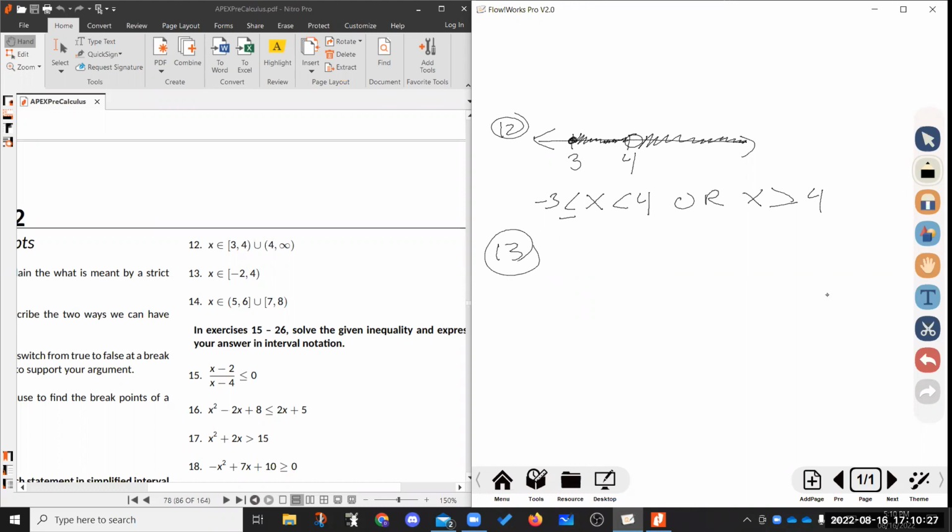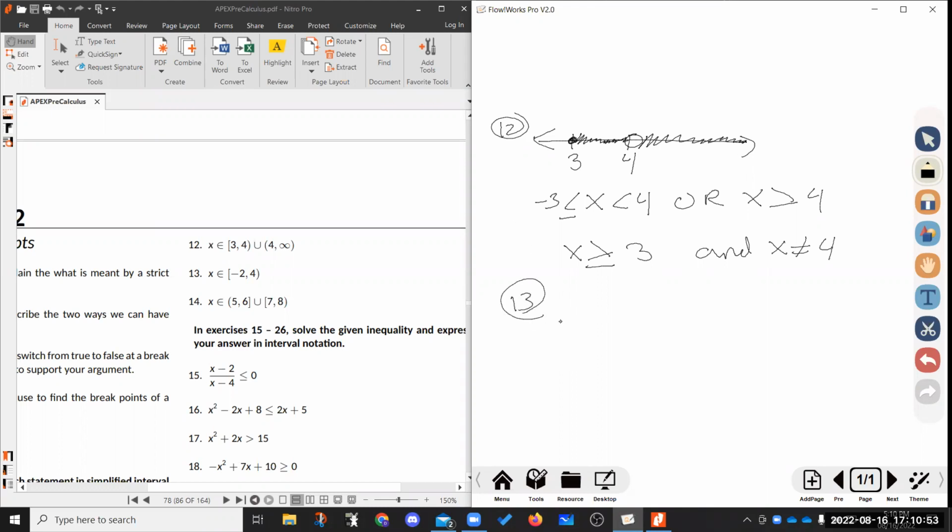I could have also said for this one, x is greater than or equal to 3, and x is not equal to 4. That's another type of inequality we haven't talked about, not equal to's, but I could have just removed that one point from this inequality here, and that would have been okay too.